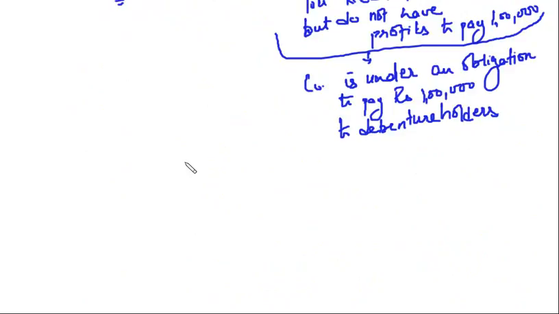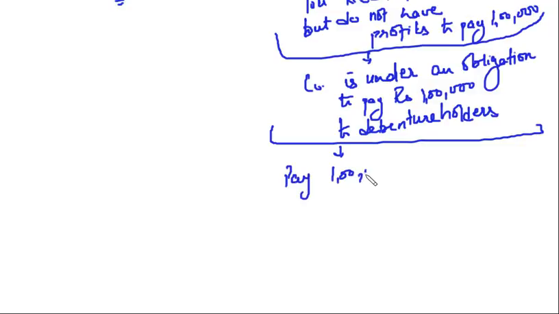Here what the company will do? Company will pay rupees 1 lakh from its piggy bank, and its piggy bank is known as its capital. Right? Pay 1 lakh rupees from its capital.